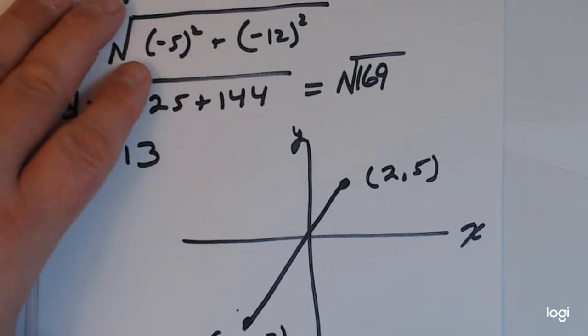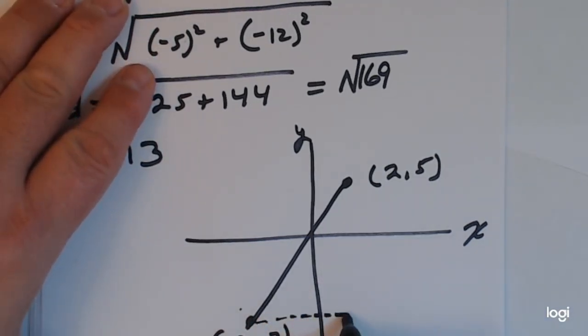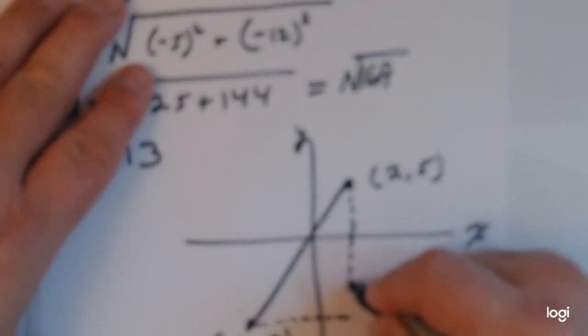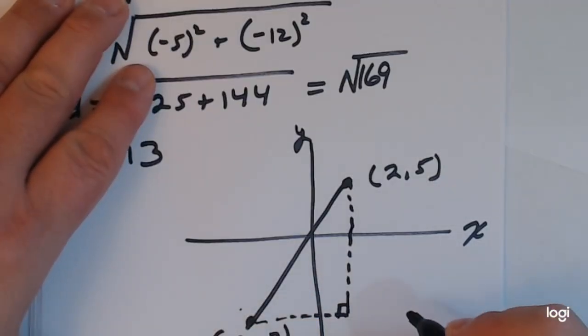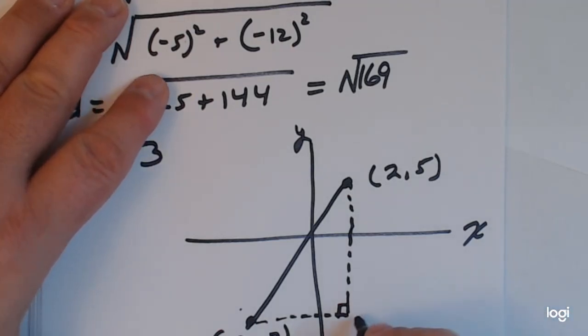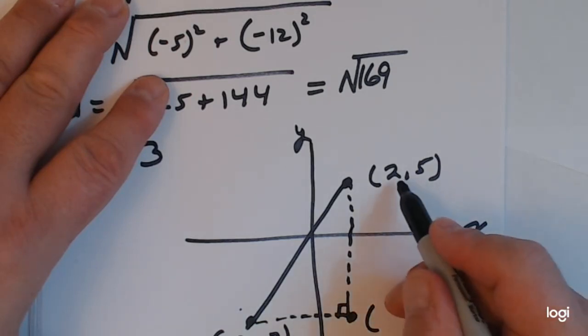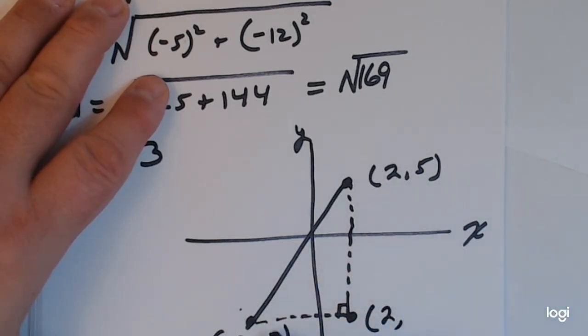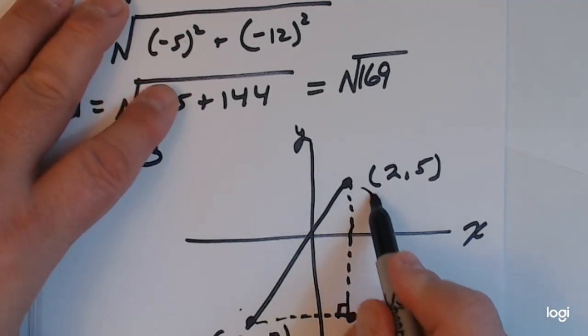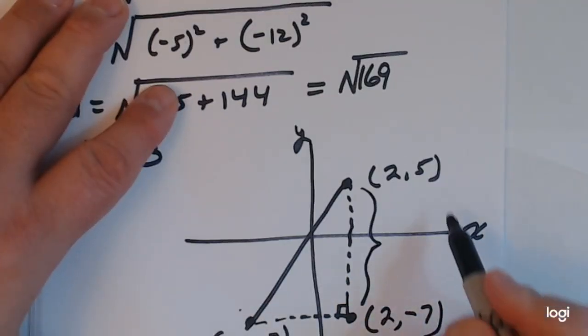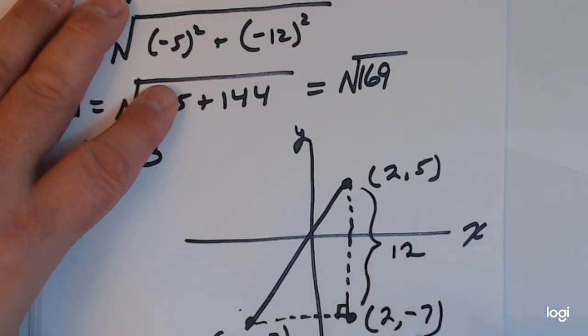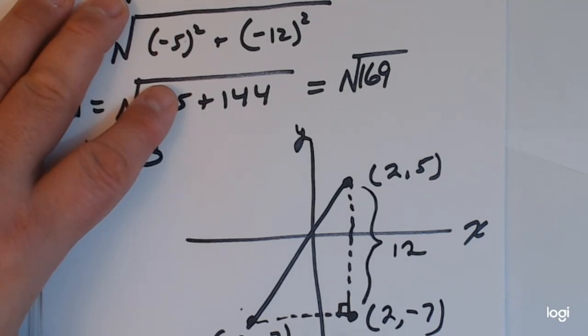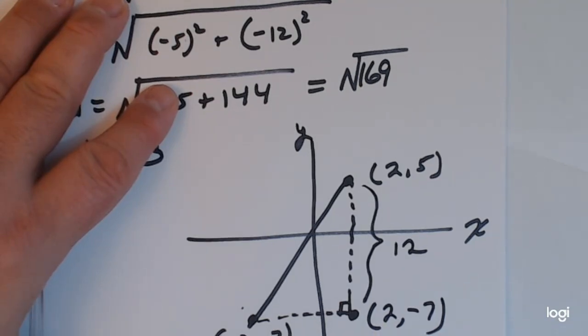Now, if we want, we can draw a horizontal and we can draw a vertical line. And this point here is 2 and negative 7. So the distance from negative 7 to 5 is 12. And the distance from negative 3 to 2 is 5.